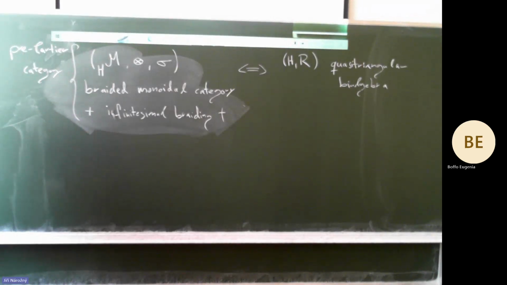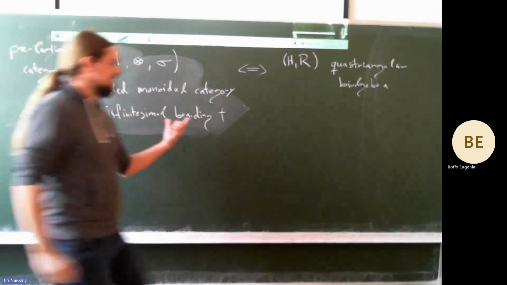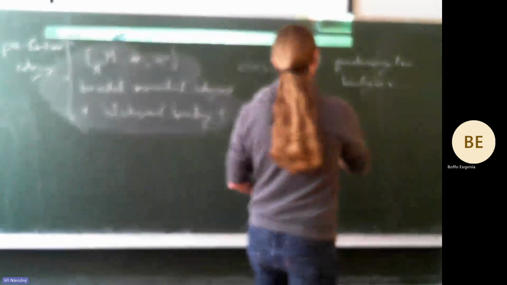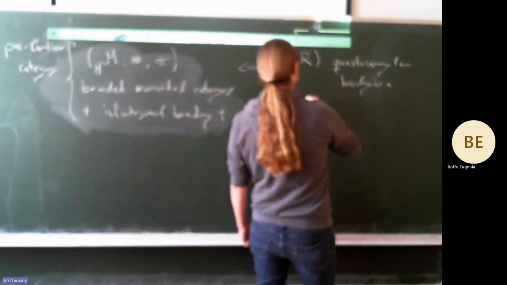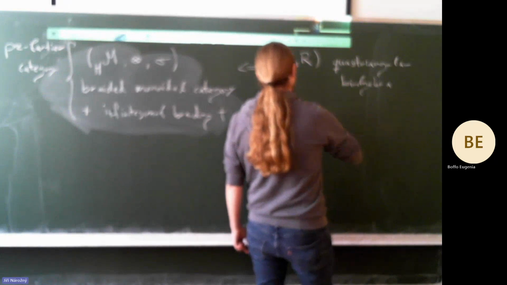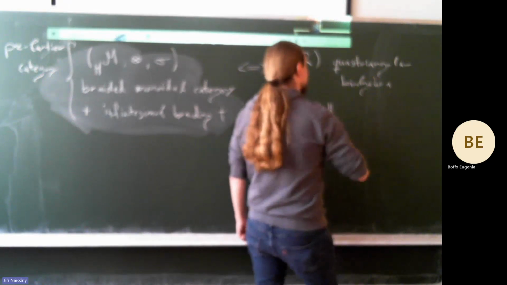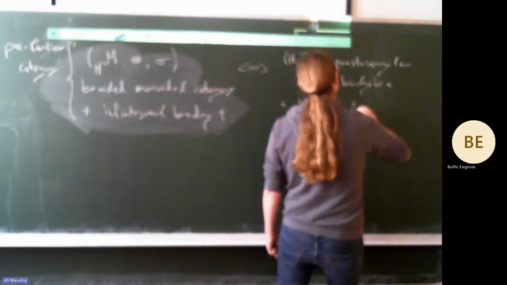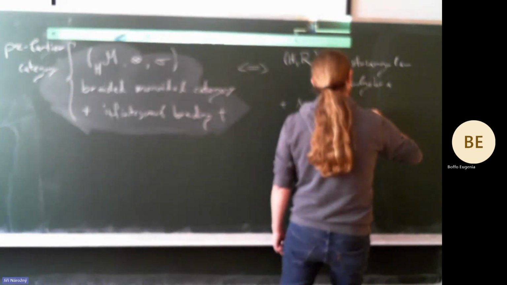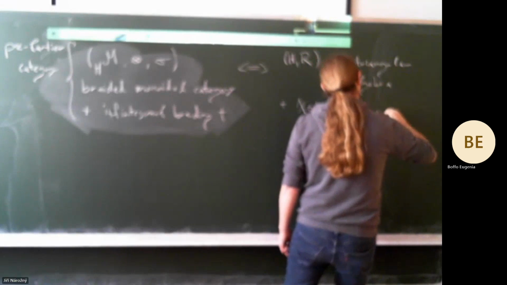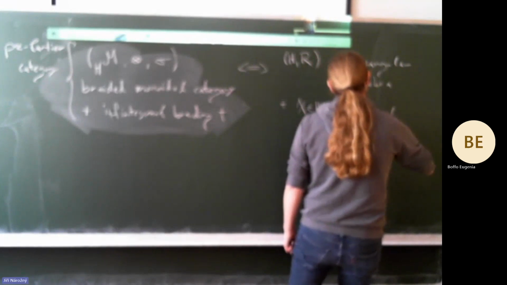And then you might ask what you are having on the right side here, and this extra structure that you have here would be some chi, some element of H tensor H. This is what's called an infinitesimal R-matrix.